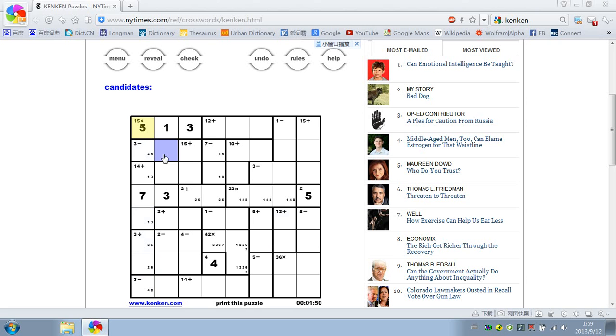So for 3 minus, you cannot have 1. You can have 7 and 5, 5, 7. The 6 plus will be 1, 2, 4, 5.